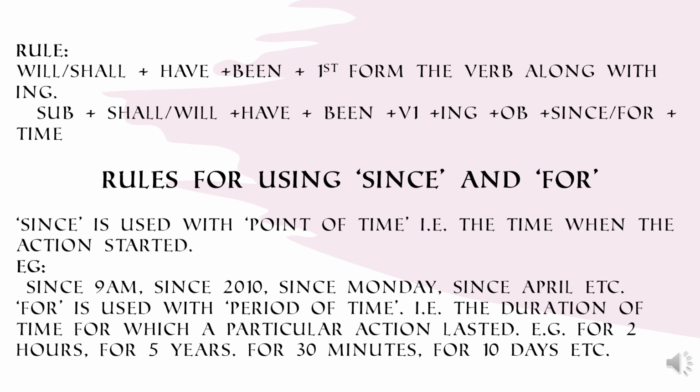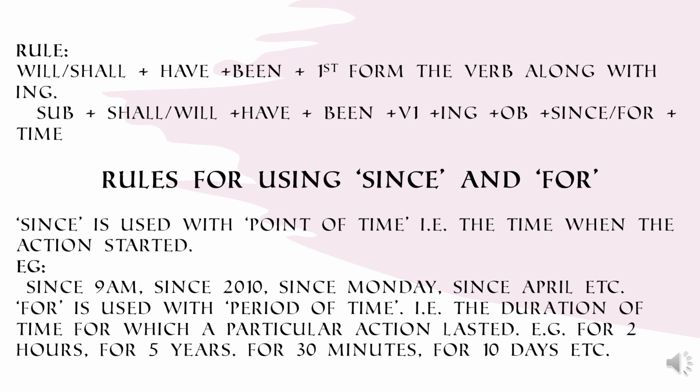The easy way: subject plus shall or will plus have plus been plus first form of the verb plus ing plus object plus since or for plus time. Got it?